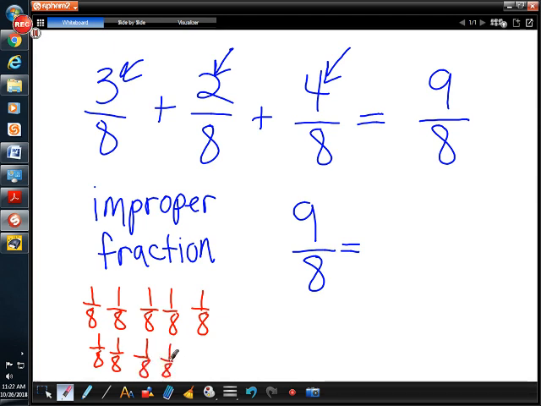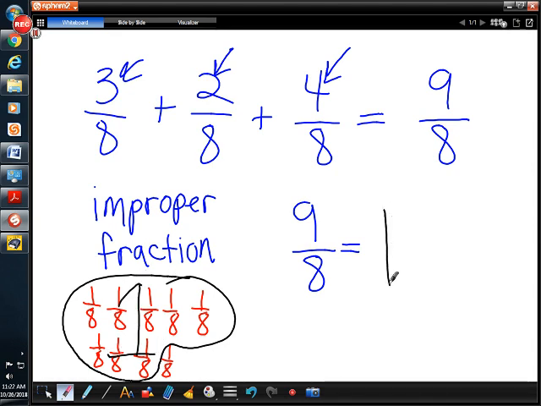If I had 9 of those, and they are indeed 8ths, it would take 8 to make a 1 whole. So I know right there that that's 1 whole. And then I have this little guy right here left over. So 1 and 1/8 would be my answer.